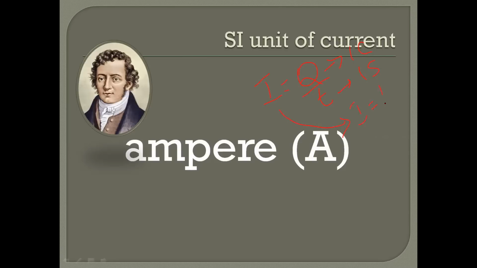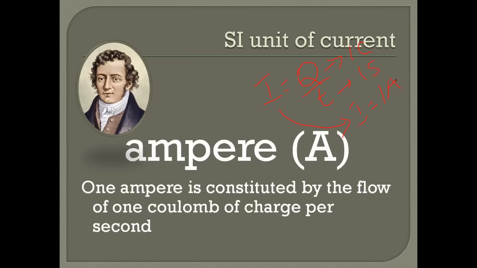I will become 1 ampere. So 1 ampere can be defined as the flow of current of 1 coulomb of charge per second. Per second means in 1 second. Okay, so 1 ampere can be defined as the current flowing through a conductor when 1 coulomb of charge is flowing in 1 second.